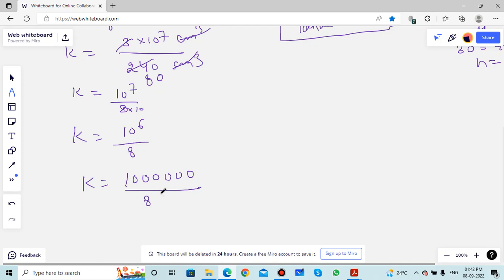So it will get divided, become 50, and I'm keeping the 0 left here, and this will become 4, this will become 2, this will become 25. I'll take 1 0 from here and cancel it. So what is that? 125. So we'll get K as 125, and 3 zeros.